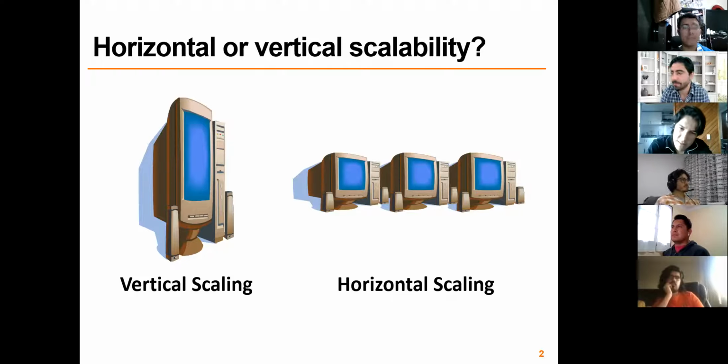Computing power, storage capabilities in a single computer. Horizontal scaling would be like you want to add additional computers that probably are not as potent, but together they can work faster if they work together, right? Yeah, that's true. Nice explanation, Luis.